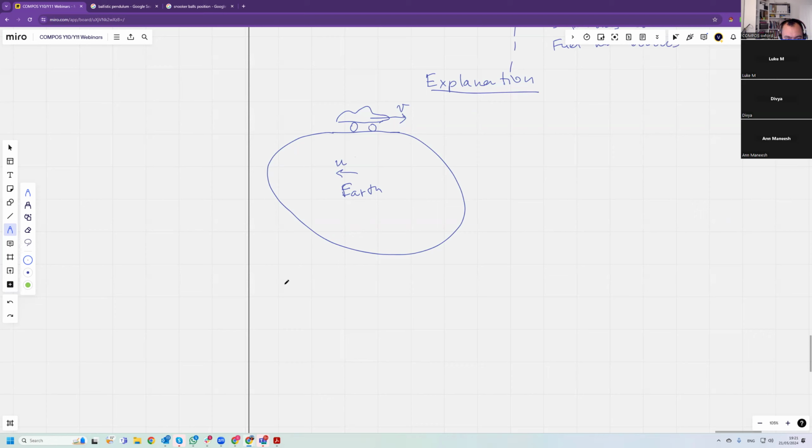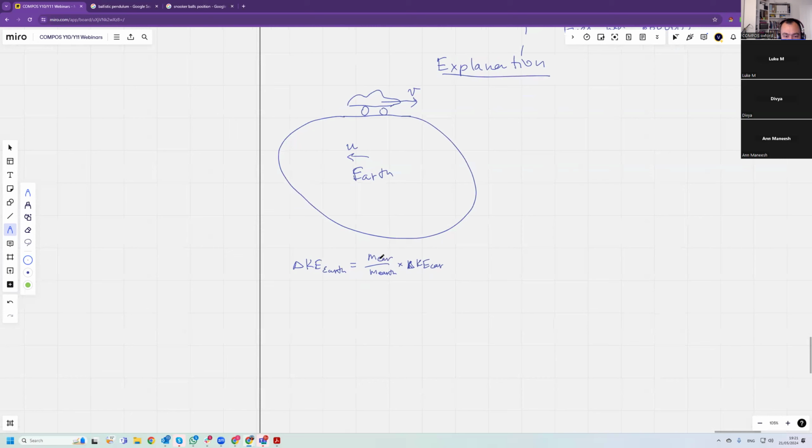The change in kinetic energy of the Earth is the mass of the car divided by the mass of the Earth, multiplied by the change in kinetic energy of the car, which is approximately 10 to the minus 21 joules, which is nothing.